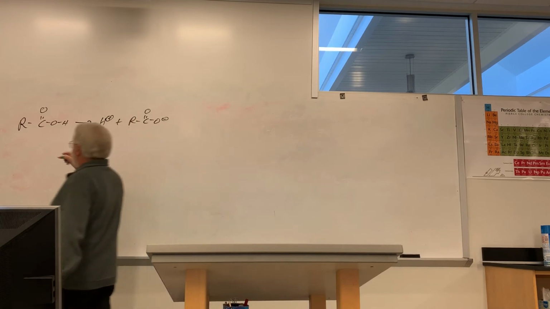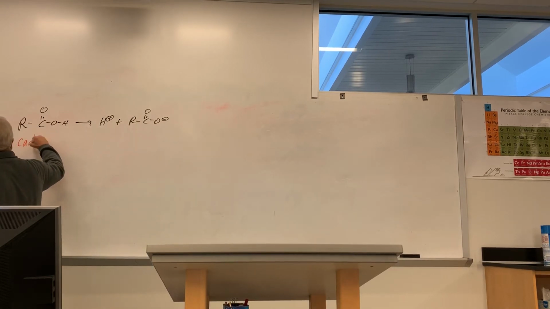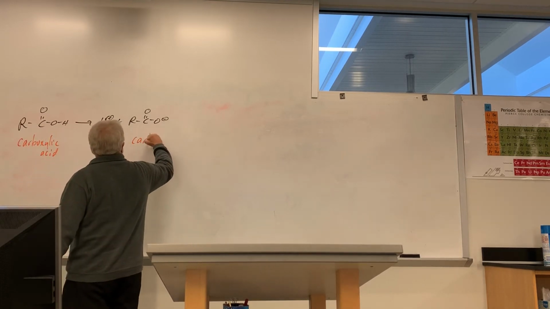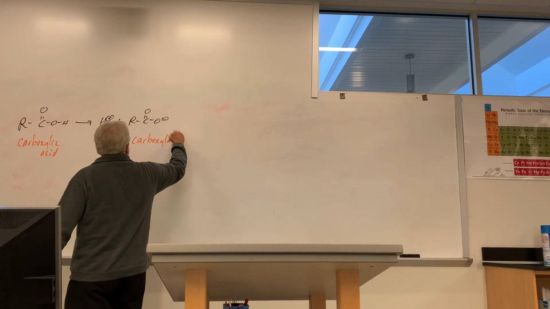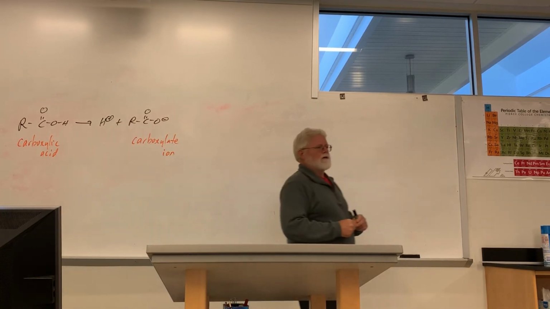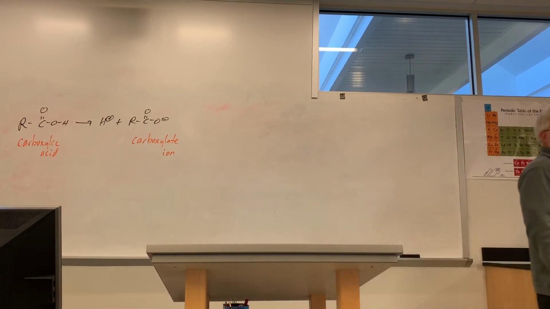This, of course, is a carboxylic acid. This is a carboxylate ion. If you think back on Gen Chem, you should be comfortable with the ate suffix being indicative of an anion.